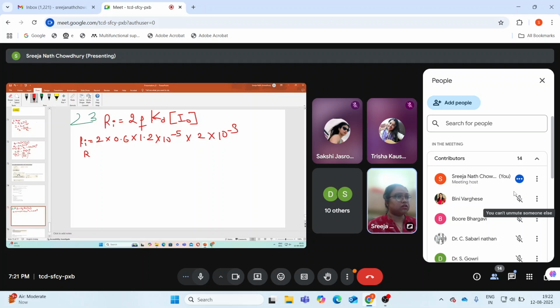Steady state radical concentration M dot will be Ri by 2 kT to the power half, which will become 2.88 into 10 to the power minus 8 divided by 2 into 4 into 10 to the power 7.